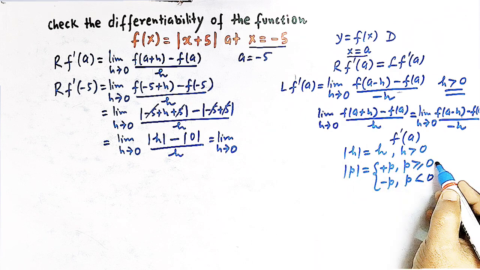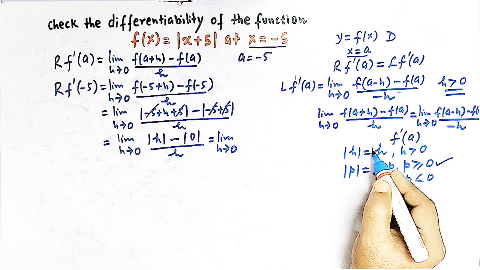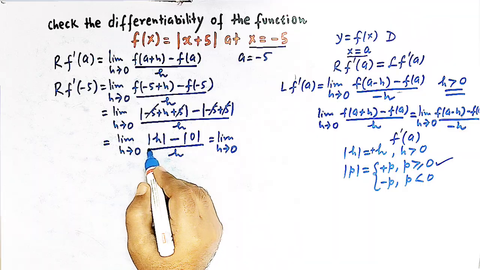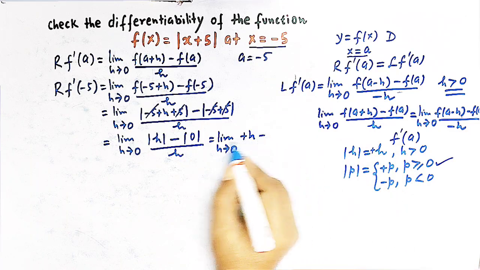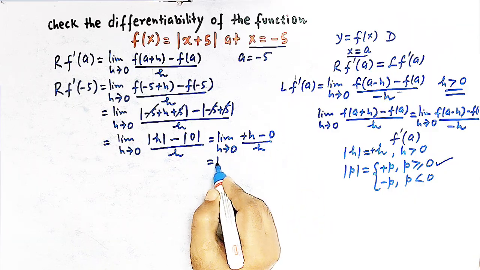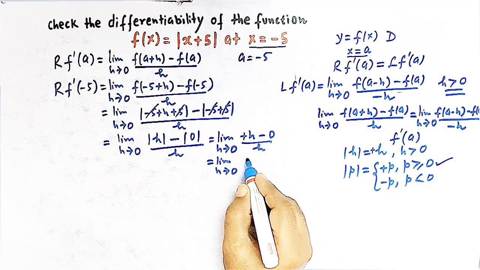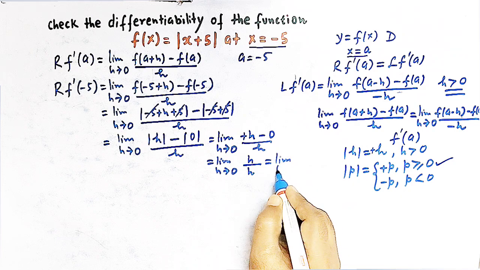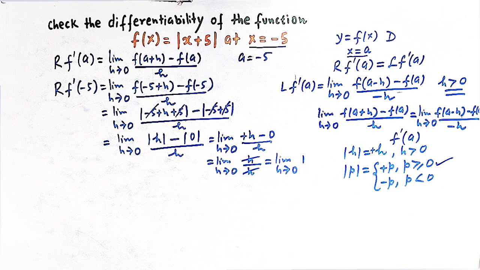So from this part of the definition, mod of h is equal to positive h, or simply h, right? So here we can now replace mod of h by h, and mod of 0 is 0. Here we have h, and limit h tends to 0, and this is h minus 0, which is h, and here we have h. h and h get cancelled, and here we have 1.